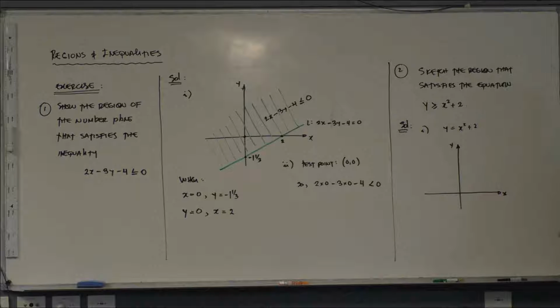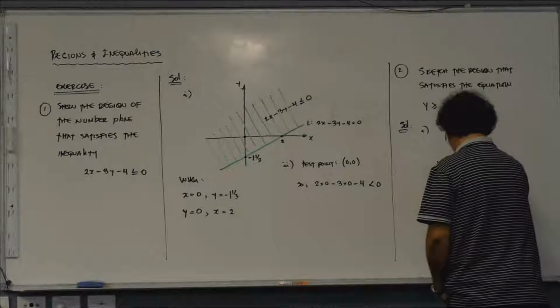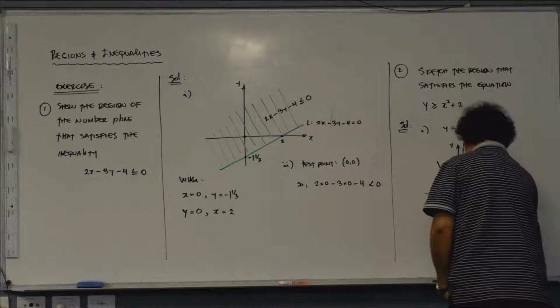It's going to begin at that point, at 2 on the y-axis. Yes, it cuts the y-axis at 2. And then it is concave up. Okay, so we got this is 2.